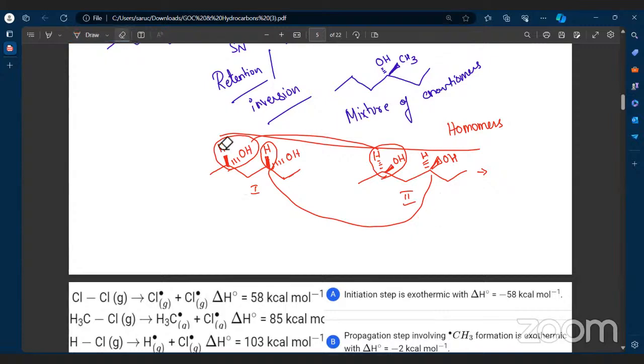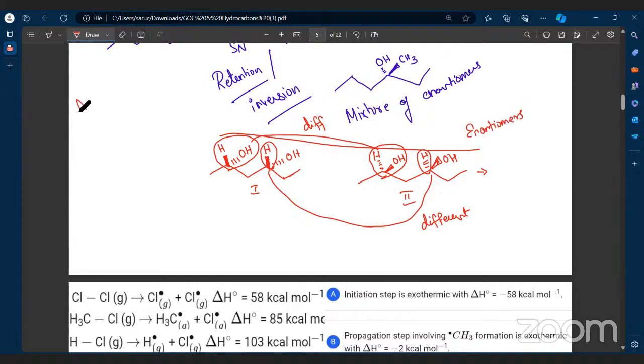Both the same or different? Here you can see hydrogen in a wedge bond, here hydrogen in a dash bond. Therefore they are different. Here again, hydrogen in a wedge bond, hydrogen in a dash bond, so they are different. If both are different, they are enantiomers.